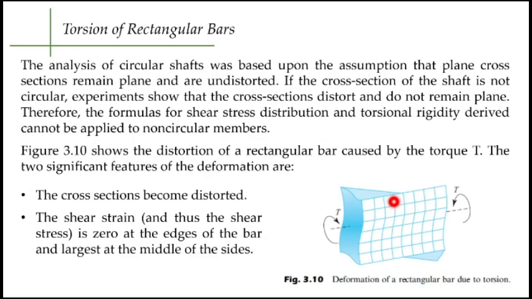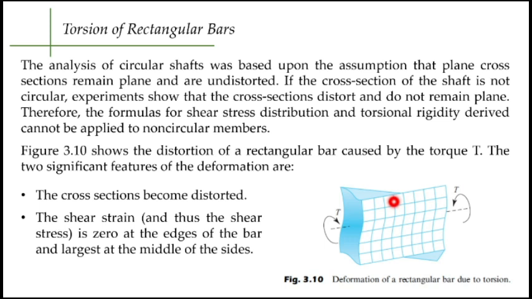Last topic under torsion, which is torsion of rectangular bars. Now, the analysis of circular shafts was based upon the assumption that plane cross sections remain plane and undistorted. Remember the four assumptions. However, for rectangular bars, it's quite different.